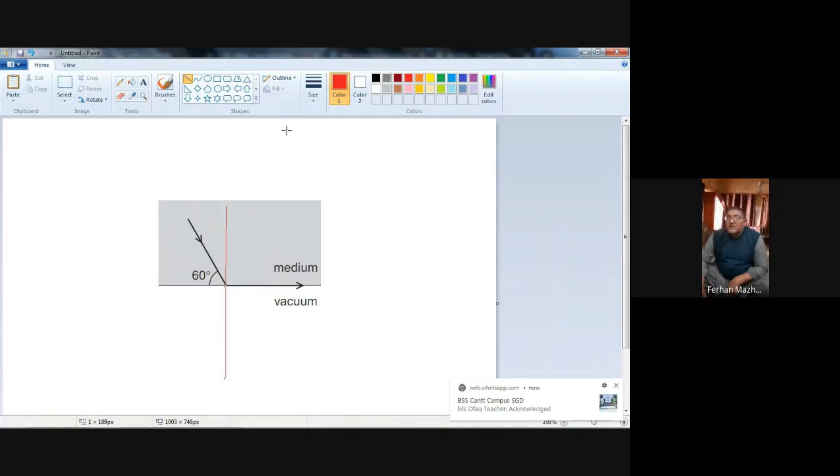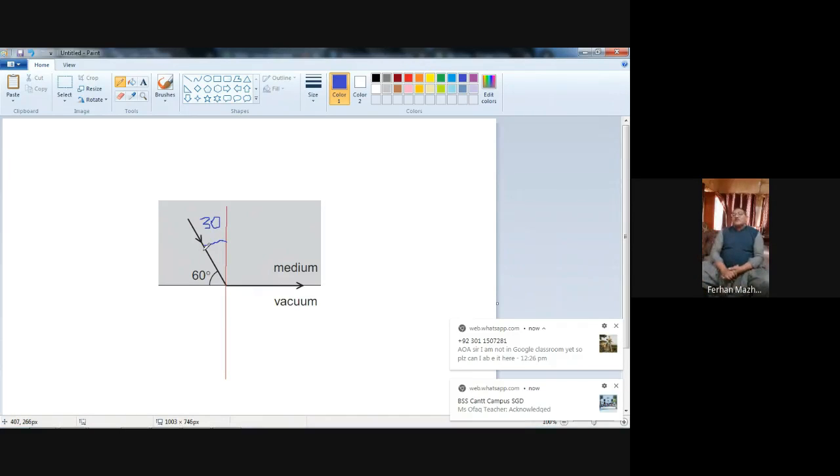The angle of incidence is this one. How much is it? 30. This is the angle of incidence in the dense medium.